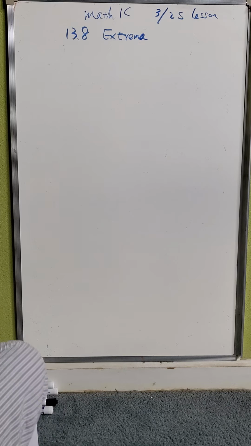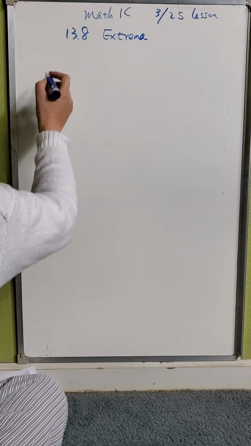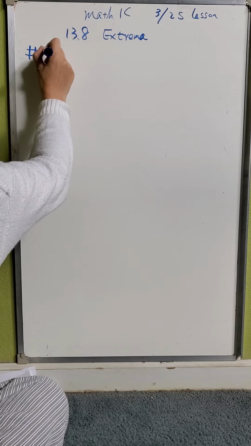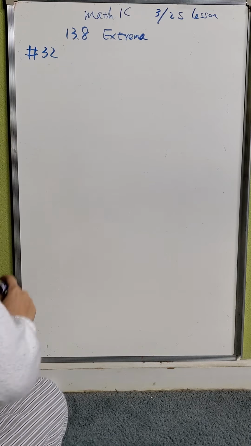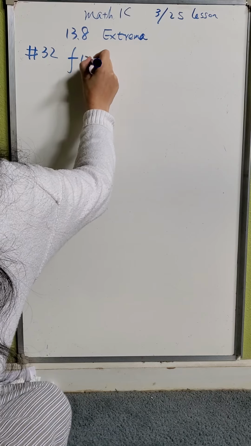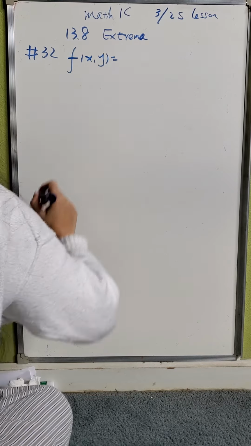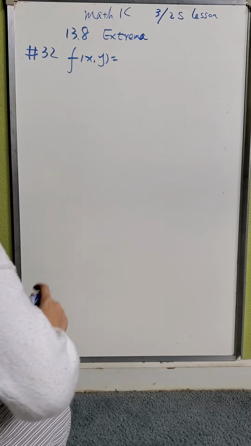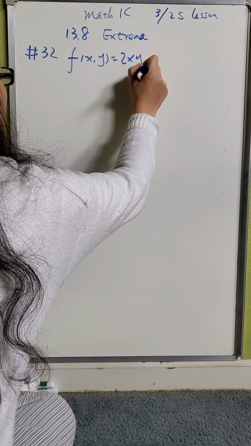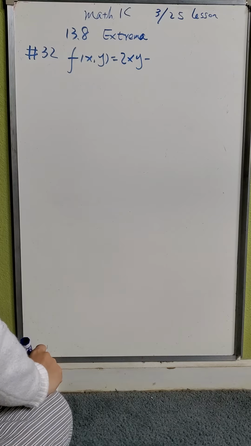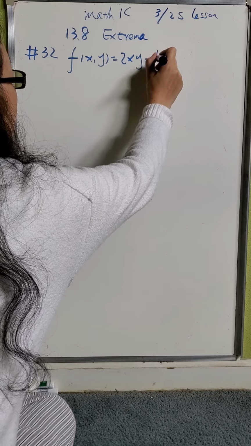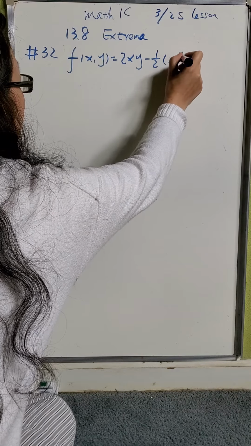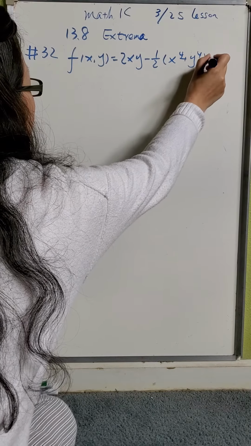The other one is number 32. We are given f of xy equal to 2xy minus 1/2 times x to the 4 plus y to the 4, and then plus 1.